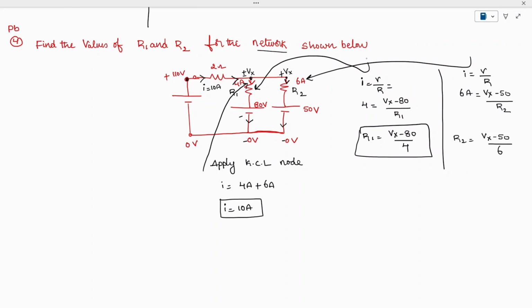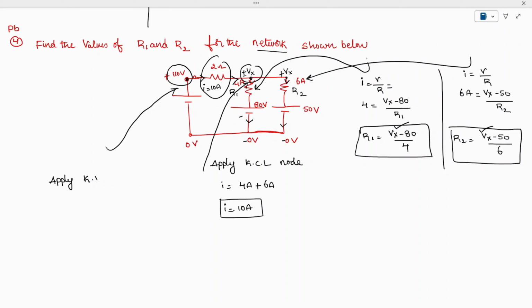Ultimately we can get R1 and R2 only when we know the value of Vx. So I want to link this drop and this drop. All the voltages can be added just by applying Kirchhoff's voltage law, KVL. A current of 10 amperes is flowing, and the leaving terminal we have is plus 110 volts.